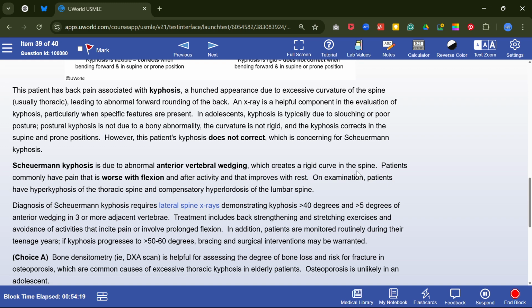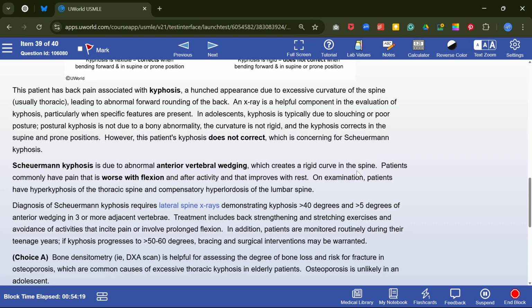Patients commonly have pain that is worse with flexion and after activity, and that improves with rest. On examination, patients have hyperkyphosis of the thoracic spine and compensatory hyperlordosis of the lumbar spine.